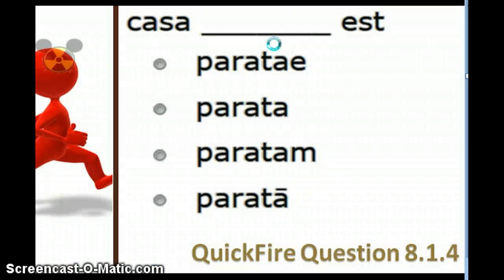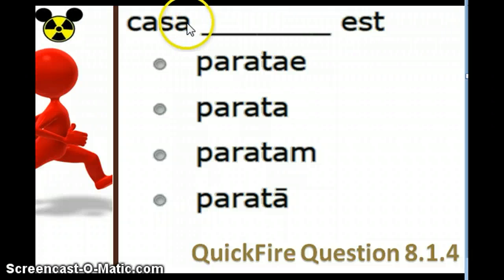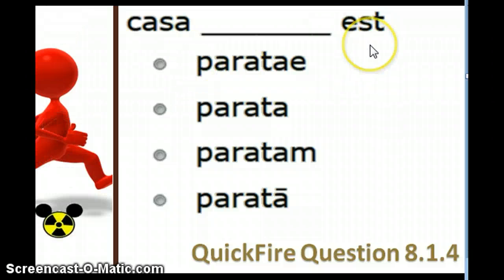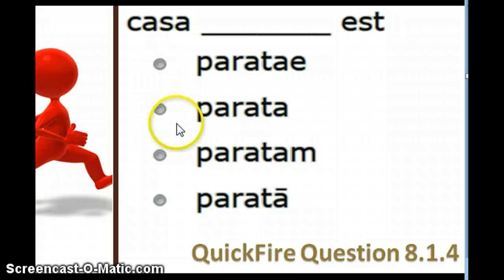Now here's that equational phrase. So you have that equational phrase, and you're going to have to agree with the noun and the adjective. Well, we know we have a nominative that we need, but this is feminine, nominative, singular, so parata.